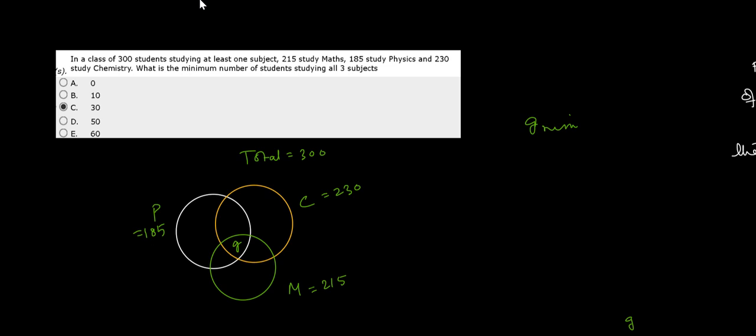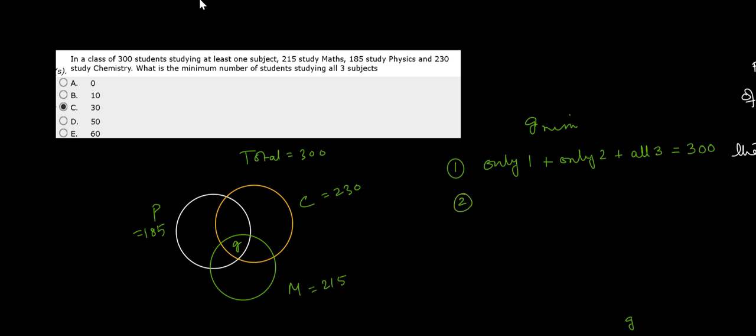So what are the two equations I just told you? Only one plus only two plus only three plus all three is equal to 300. The universal set equation, 300.